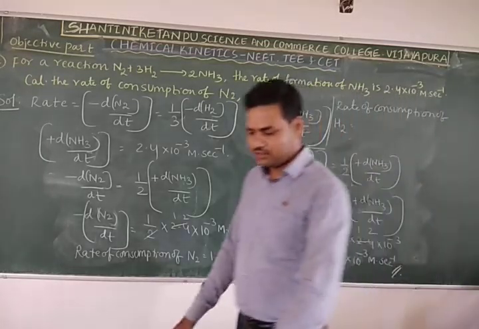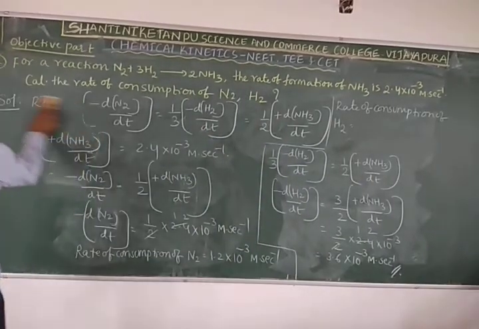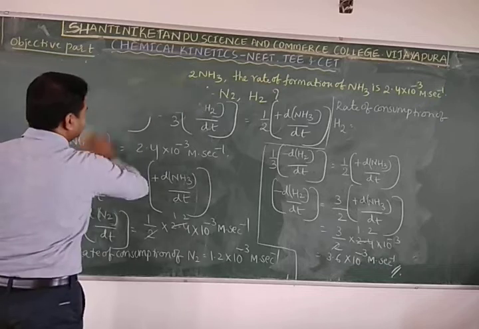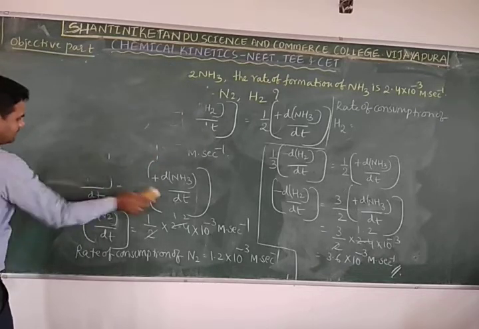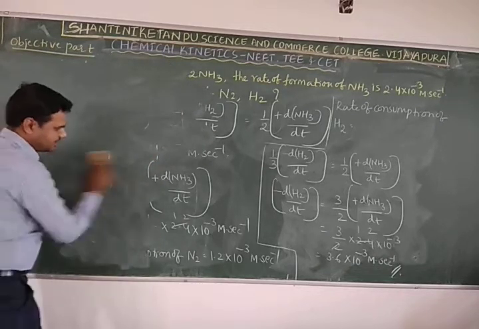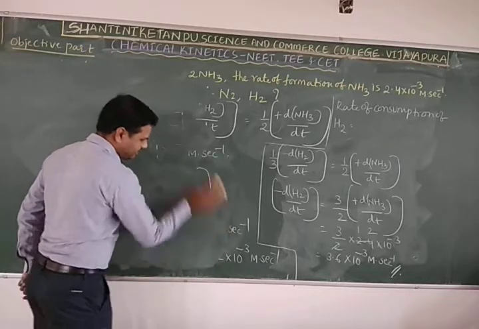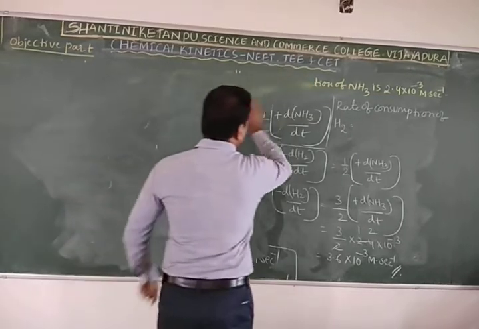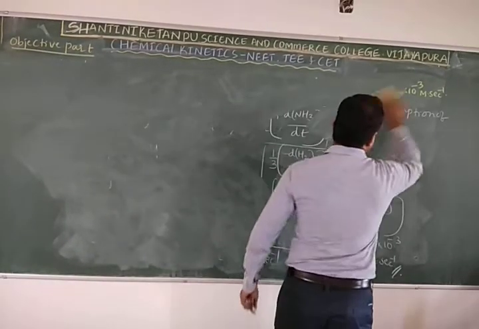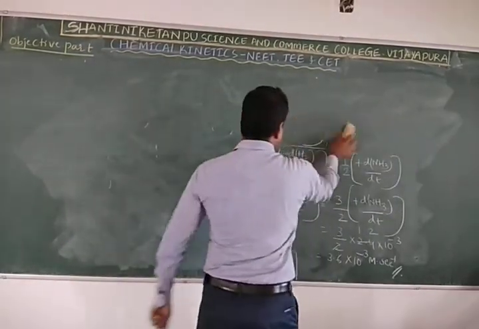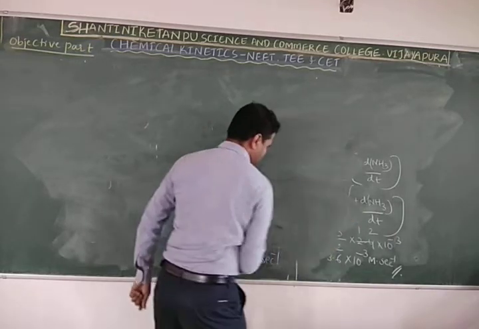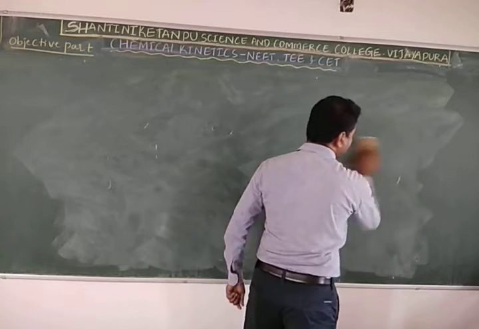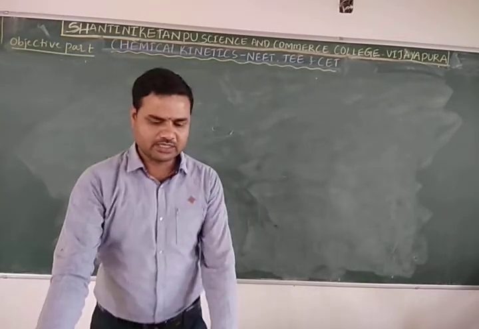These are some questions we have on the topic, the relation between the rate of consumption of reactants and rate of formation of products, as well as rate of the reaction. And let us see some more types of questions of different topics, whatever we have completed till now. Let us see one more question here.